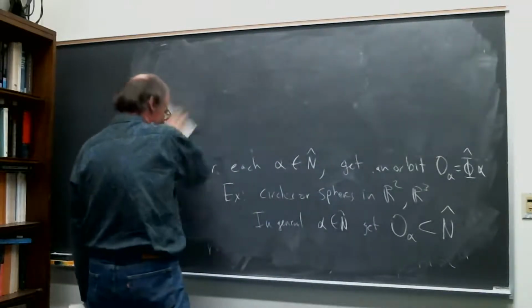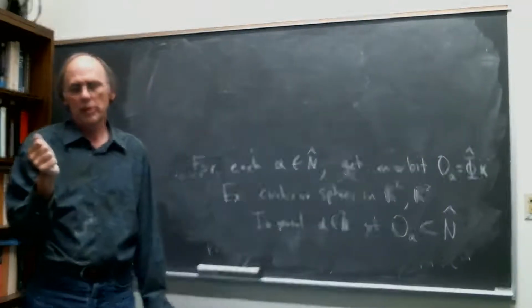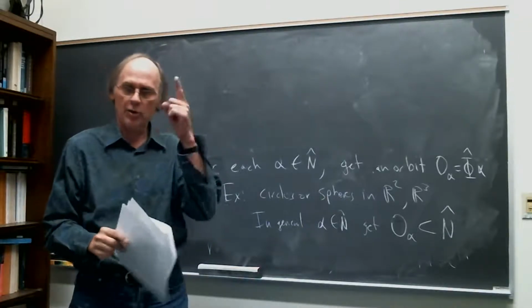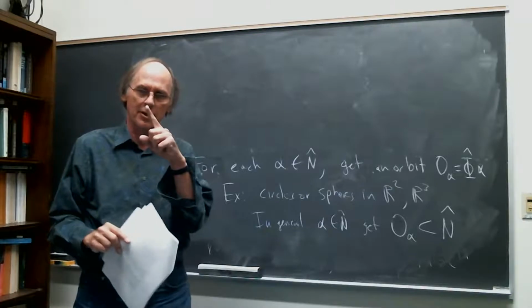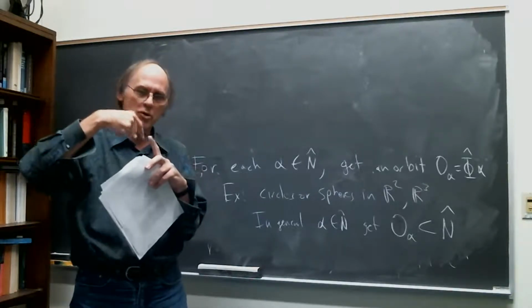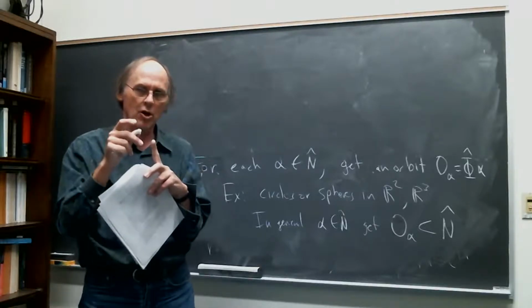But then remember what happened when we were in the case of E3, we found that if we were at a particular point in the orbit, at a particular momentum vector, there was a subgroup of the rotation group which left that vector alone.